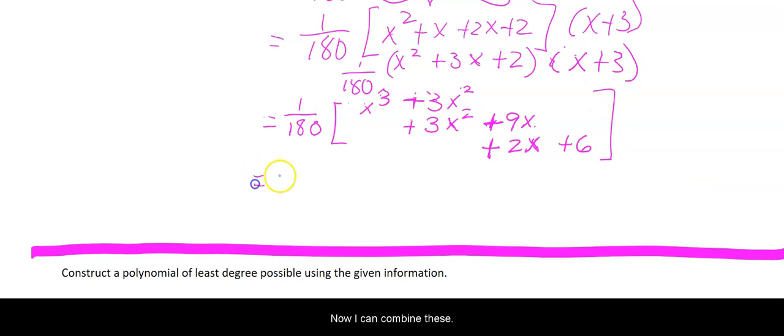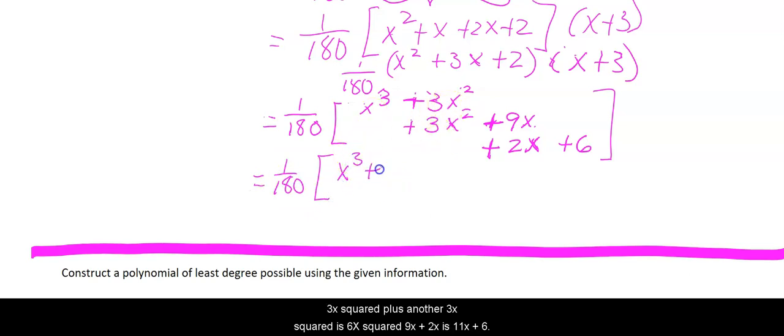Now I can combine these into one polynomial, x cubed. 3x squared plus another 3x squared is 6x squared. 9x plus 2x is 11x plus 6.